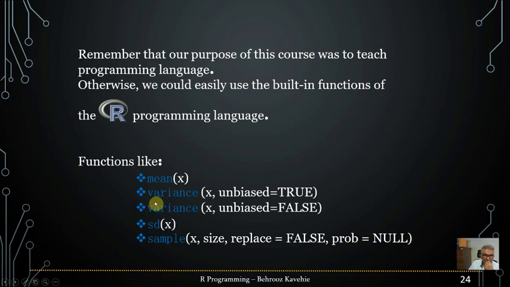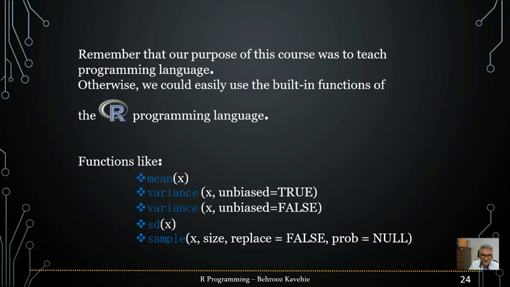Just a final note. If you pay attention to the variance function, you will see that it requires two arguments. The first one is your array, and the second one asks you whether or not you want to calculate it with the unbiased or not. If unbiased is true, your summations will be divided by n-1.